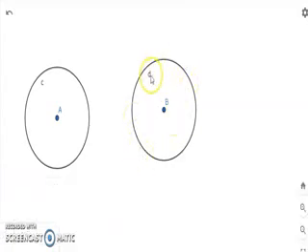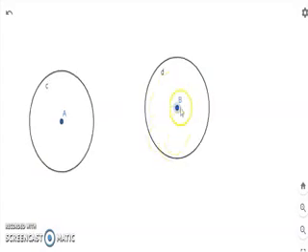Now the circle D you are observing here with the same radius 2 cm as circle C. Now these two circles are called congruent circles because these two circles have the same radius, so we call it a congruent circle.